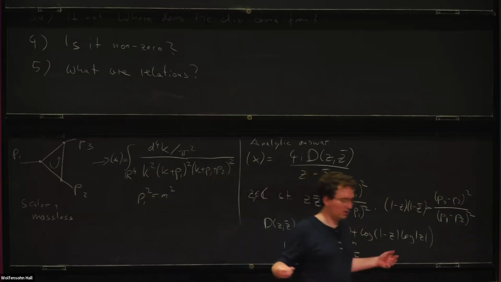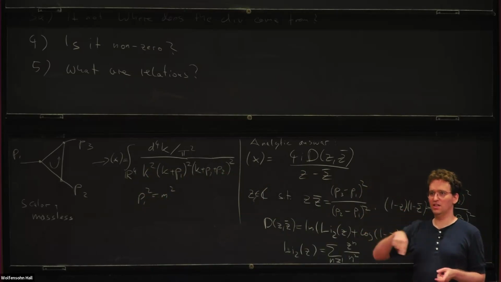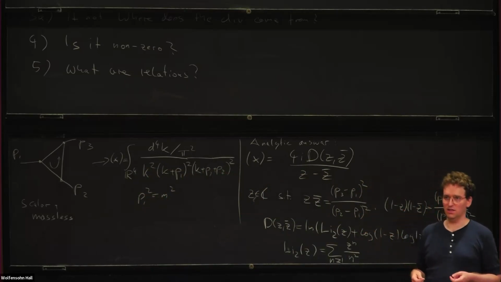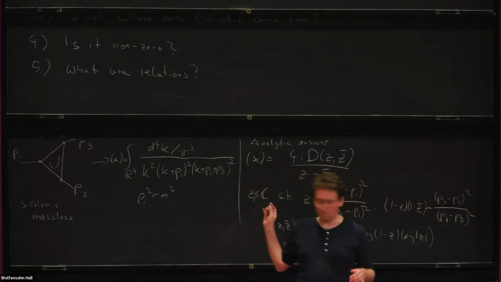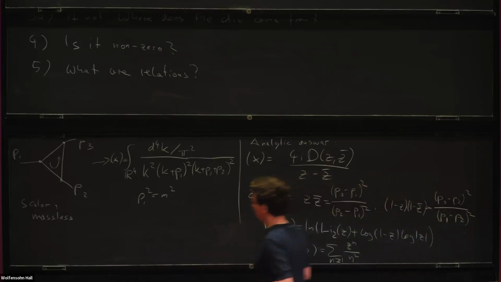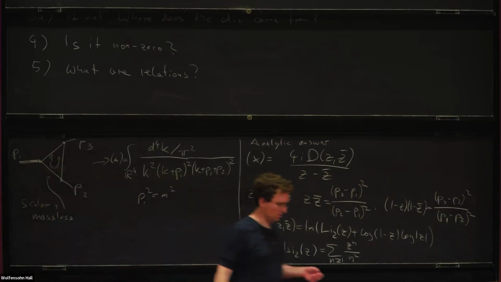You cannot scatter three light-like things against each other, right? So I said massless here, but I only meant massless for these internal propagators. So you have to have some mass going in here. That's true. Sorry about that.